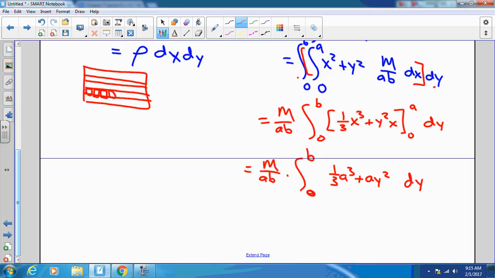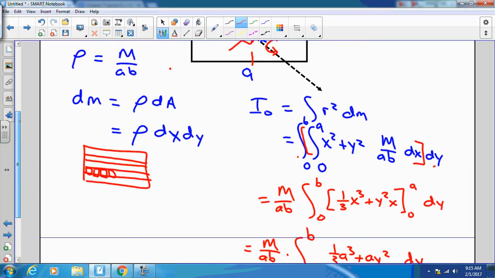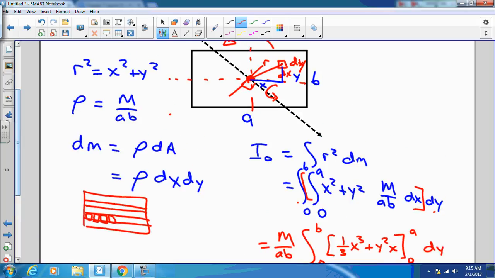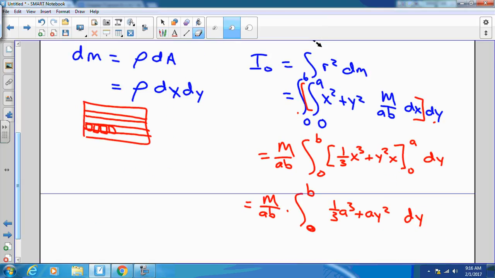Oh, you know what I did? I chose the wrong origin. Look at my limits of integration and take a look at my radius right here. What I accidentally did was I said we were integrating from 0 out to a right here. Oops. Yep. So this actually needs to be negative a over 2 to positive a over 2 in my setup.